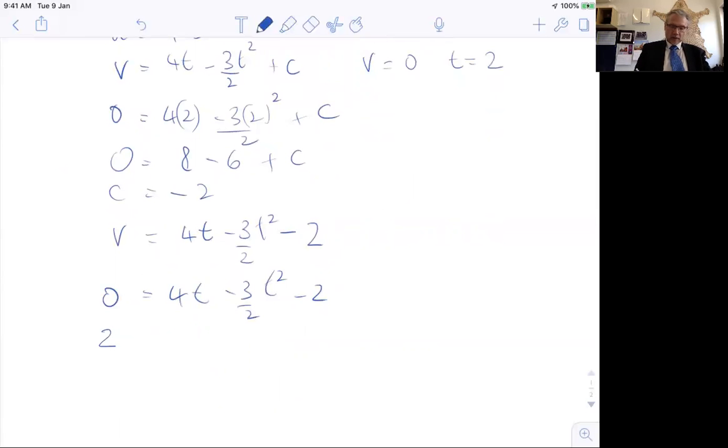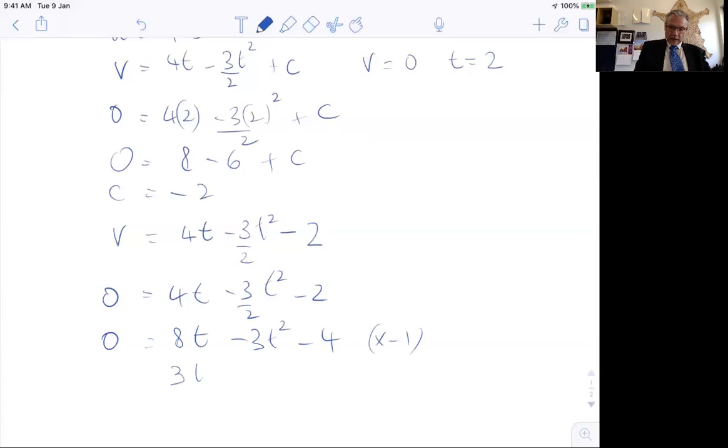As long as I multiply both sides of the equation by 2. So 0 times 2 is not 2, 0 times 2 is 0. That gives us 8t, minus 3t squared, minus 4. Now I'm going to multiply everything by negative 1 and then rearrange.